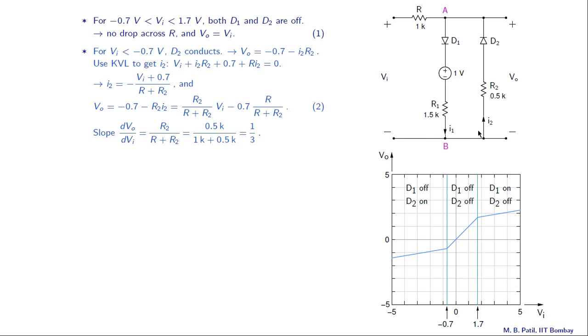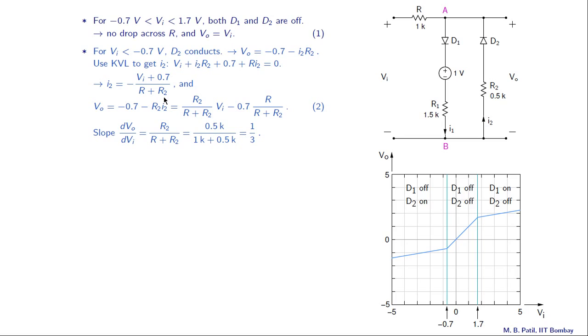Then we come across a voltage drop of I2 R2, then a voltage drop of 0.7, and then a voltage drop of R times I2. And these voltage drops must add up to 0, and that is this equation here. Now from this equation we can obtain I2. I2 turns out to be minus Vi plus 0.7 divided by R plus R2.